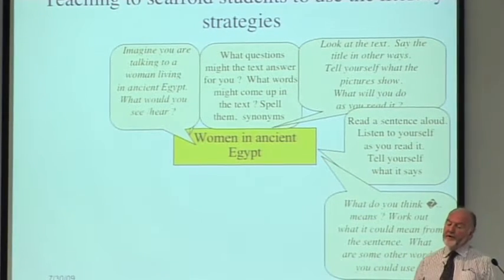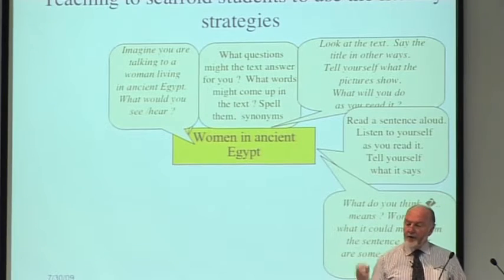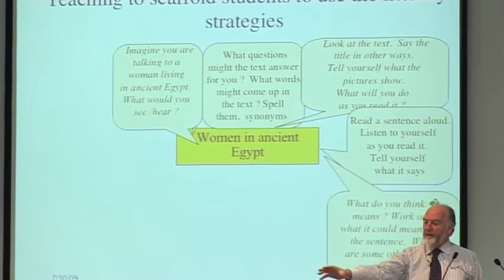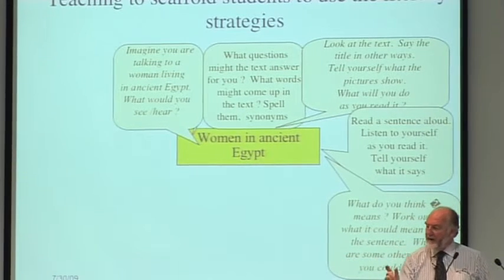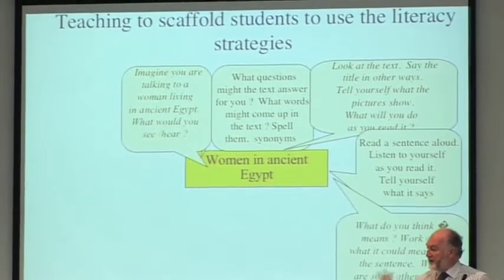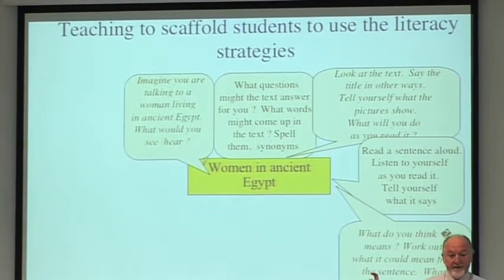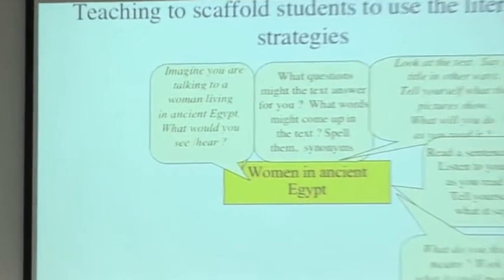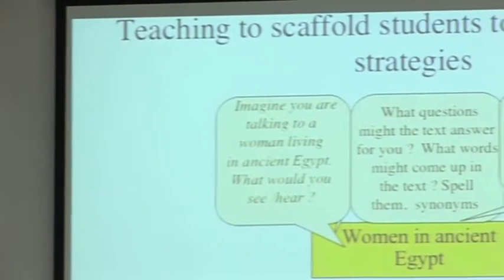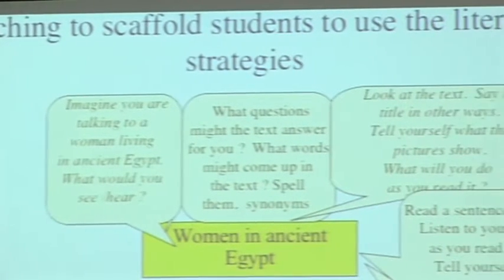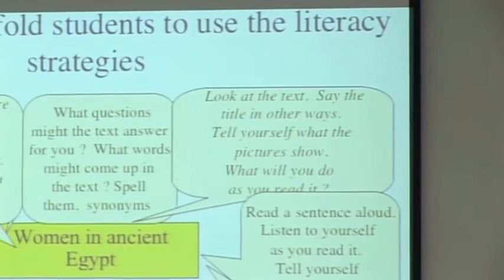And so you're going to need to make sure your students sitting at the rest of your table can actually work out how to say unfamiliar words, and also that they can work out the meanings, or you're going to need to scaffold them to do that.